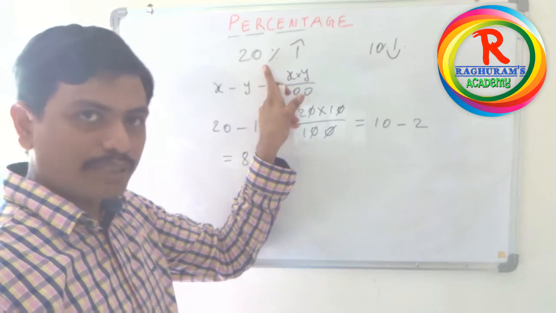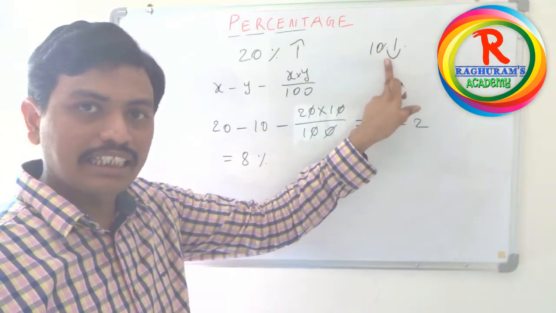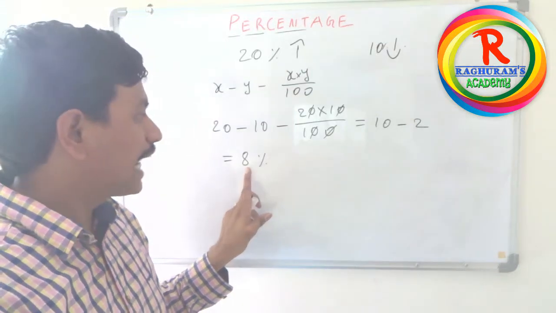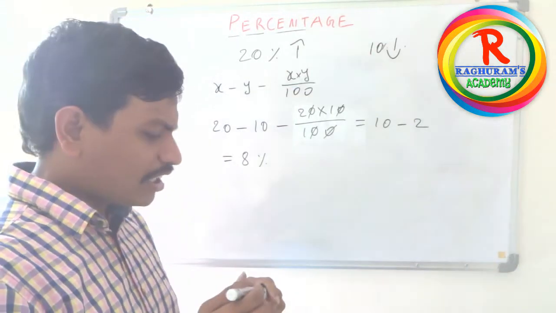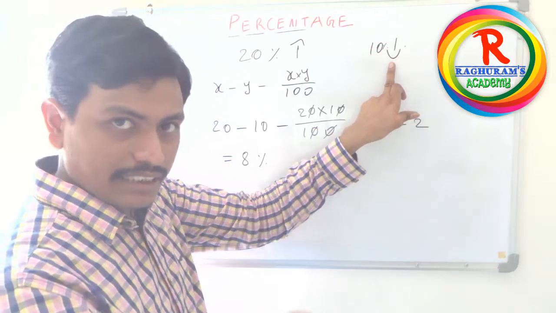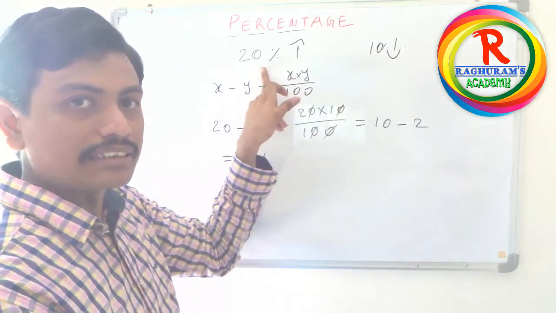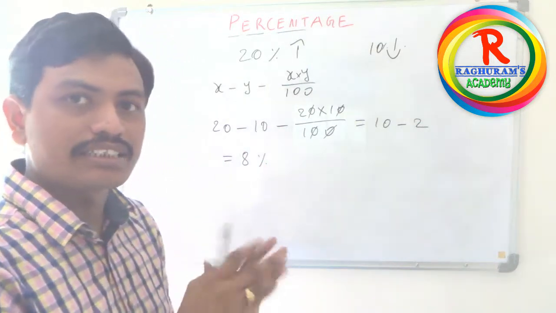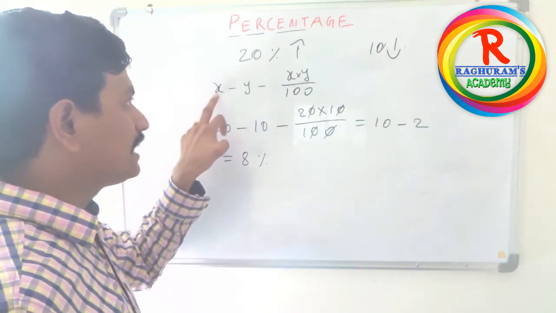If first there is a 20% increase and then a 10% decrease, then the change in the number is an 8% increase. We can also have first a 10% decrease and then a 20% increase. The answer is the same, whether first increase or first decrease. Don't bother about it.